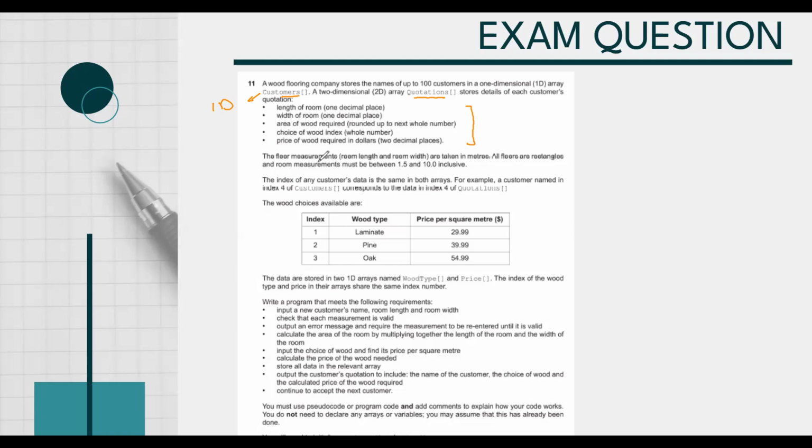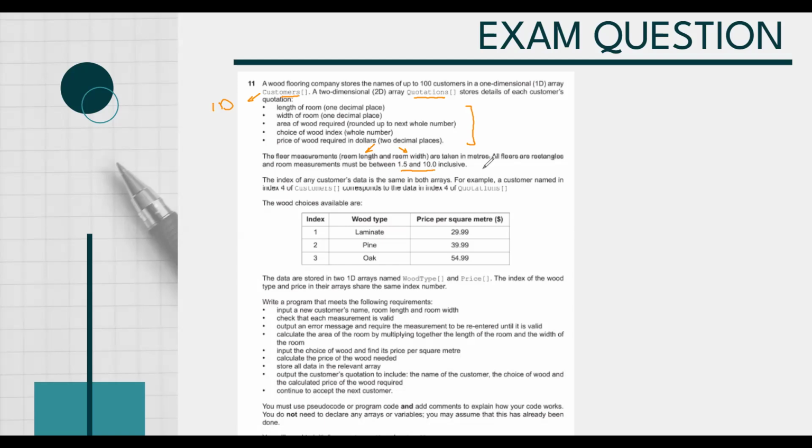Okay, what about here? The floor measurements, which are the room length and the room width, are taken in meters. It means that we need to take inputs as room length and room width. All of the floors are rectangles, and the room measurement must be between 1.5 and 10 meters.